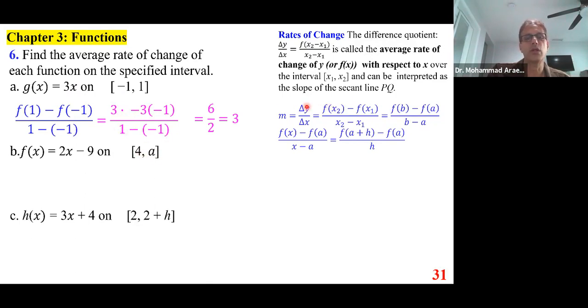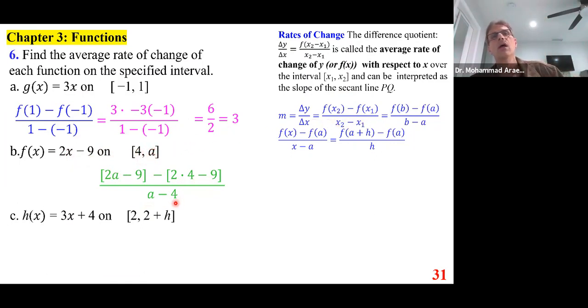And we're going to look at the next one in the same manner, where x sub 2 is a and x sub 1 is 4. So 2x minus 9, we are going to replace the x with x sub 2, which is a, minus the second time we're going to replace the x with x sub 1, which is 4. 2 times 4 minus 9. And the denominator is x sub 2 minus x sub 1, or a minus 4. All you have to do, simplify.